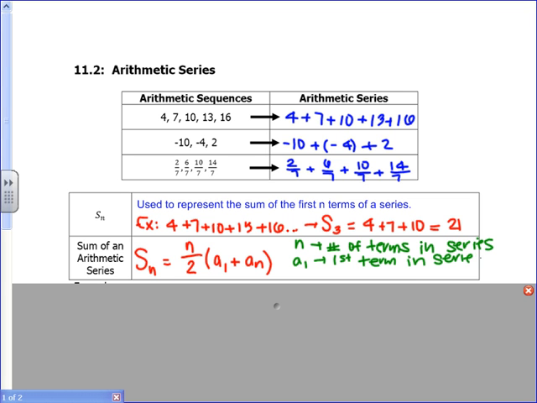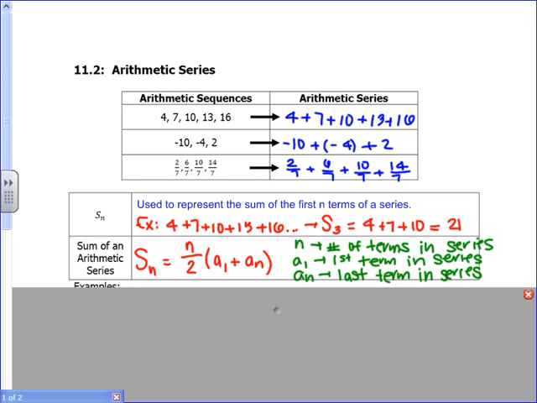So if we look at that top example again, the first term would be the 4 because it's the first number in the series. And a sub n is the last term in the series. So again, in that top example, it would be 16 because that's the last number in the series. So just by knowing how many numbers there are, what's the first number, what's the last number, we can figure out what the sum of the series is.